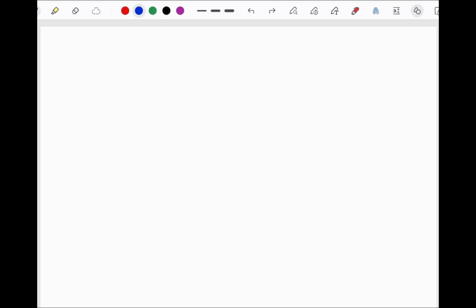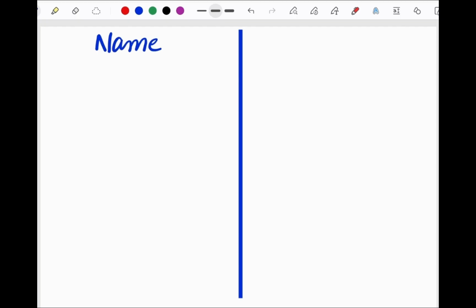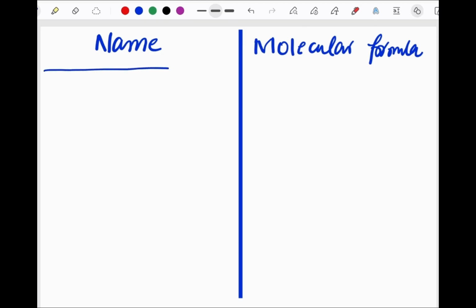Now let's understand it with the help of some examples. So let's name a few alcohols and write their molecular formula. Okay, how does it work? Let's see.